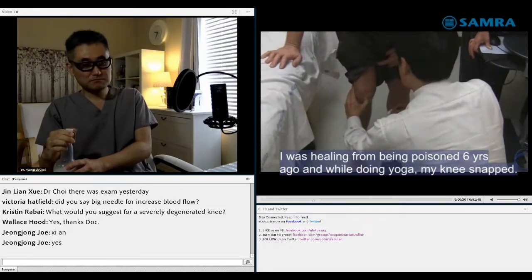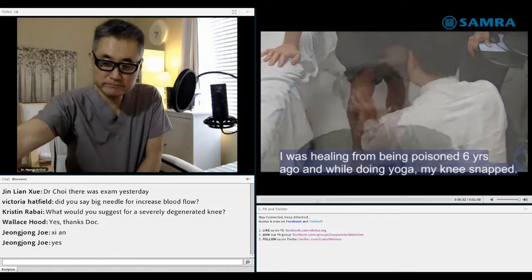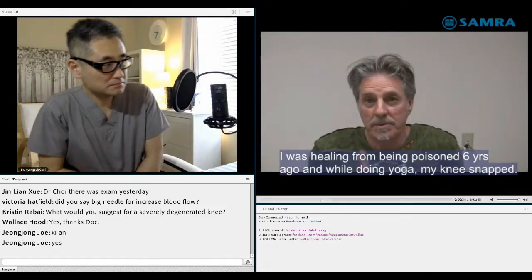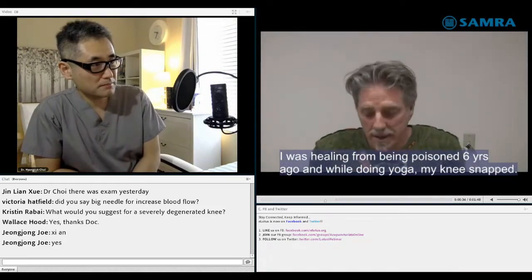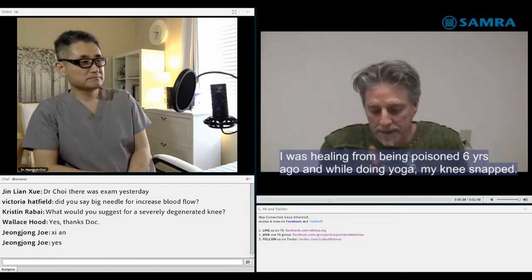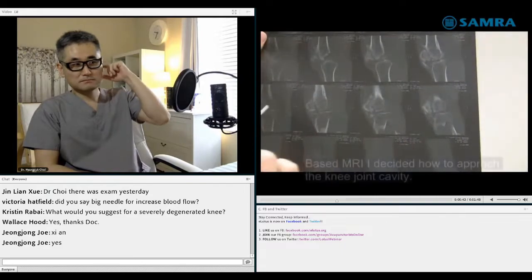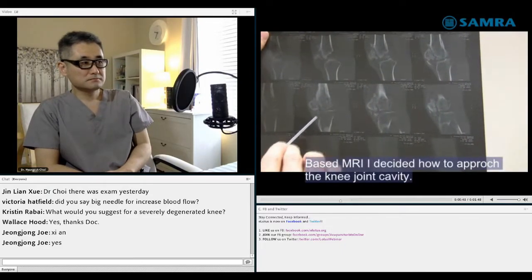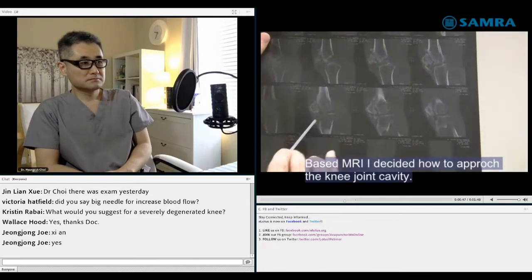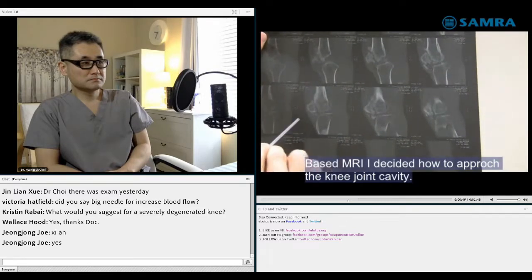So I kind of kept bringing myself back. What I did was some yoga positions while I was really ill and on fevers, and I bent my legs to see if I could stretch them, and my knee snapped in half. Based on the MRI scan, I decided to put the needle here.